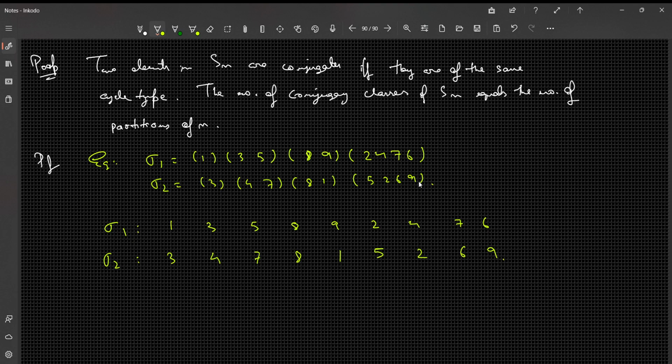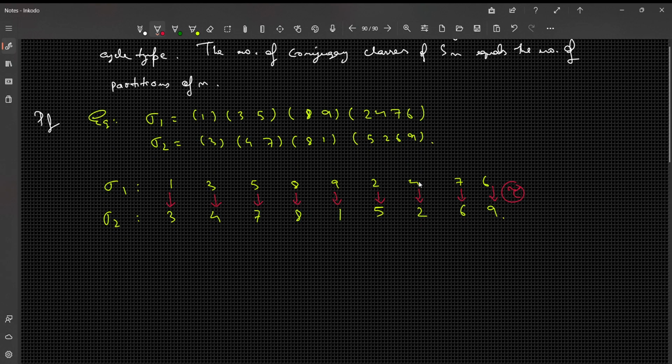What we do is we map each corresponding element. So we map 1 to 3, 3 to 4, 5 to 7, 8 to 8, 9 to 1, 2 to 5, 4 to 2, 7 to 6 and 6 to 9, and tau is defined as this very mapping.